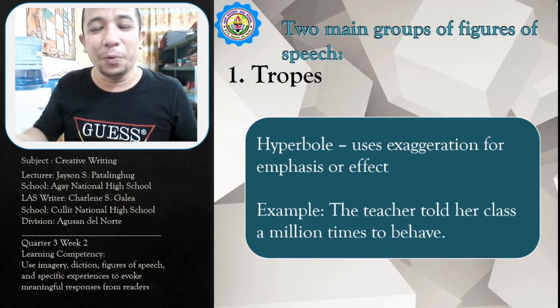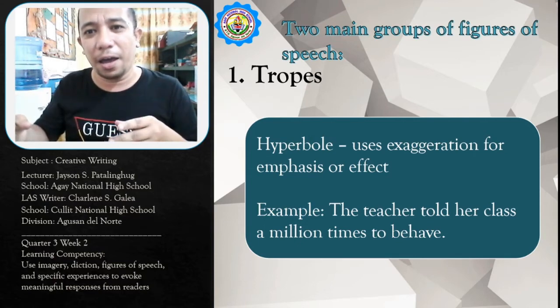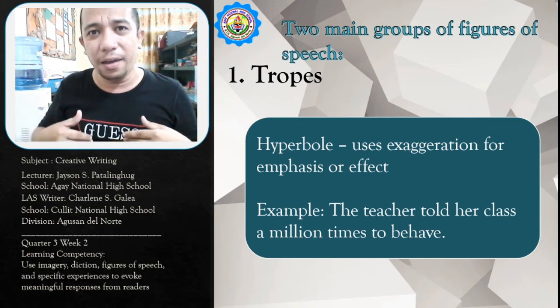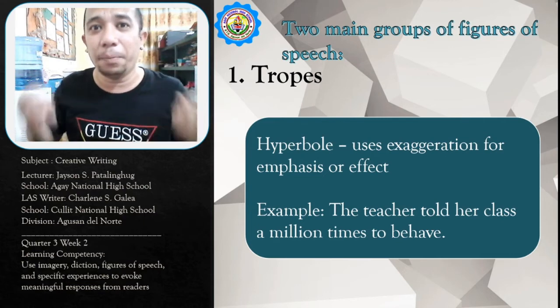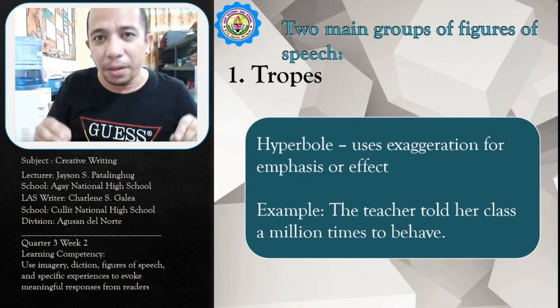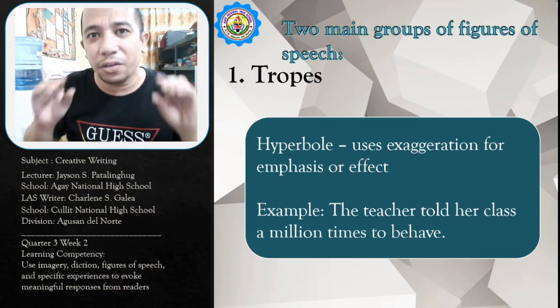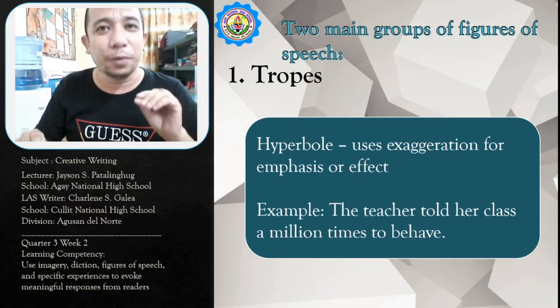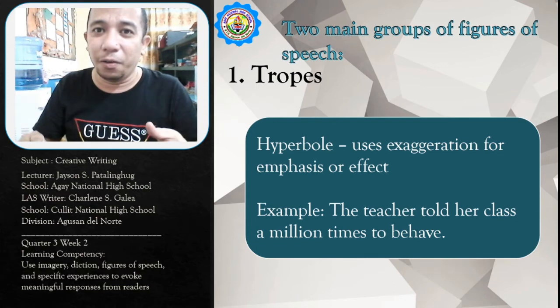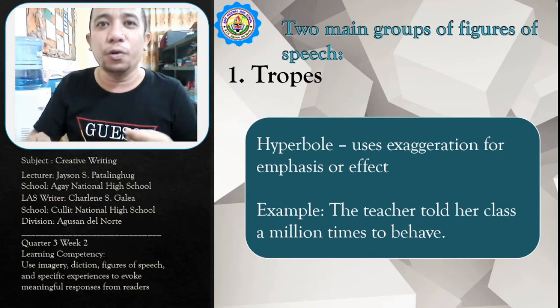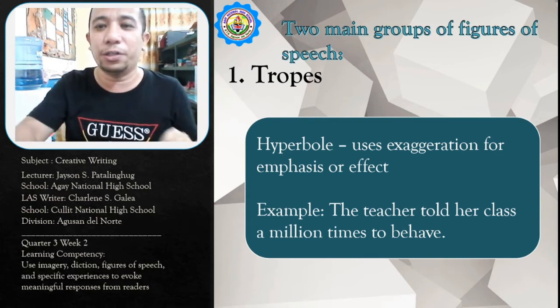So when you use the word river to describe how much you cried, that is an exaggeration. Therefore, it's called hyperbole. Again, hyperbole is an exaggeration to emphasize a certain thing or to give an effect to your sentence or words.